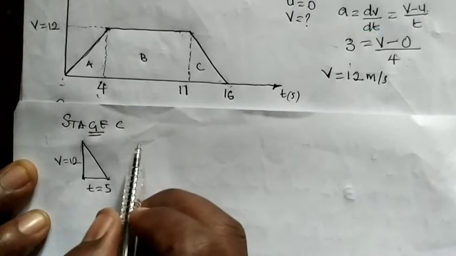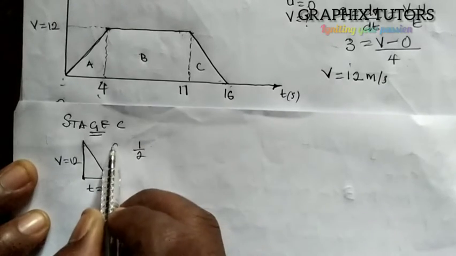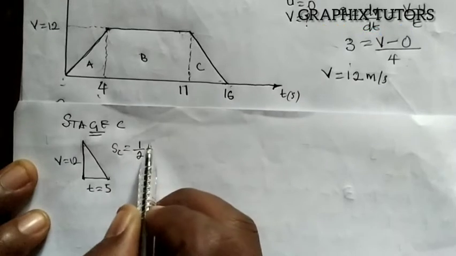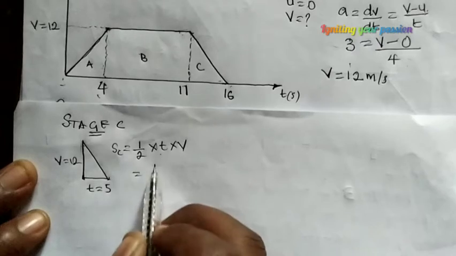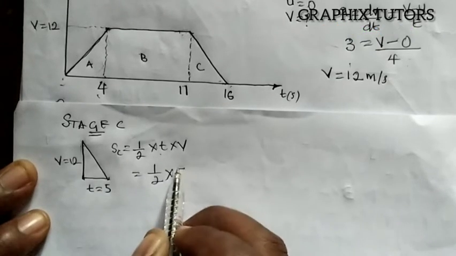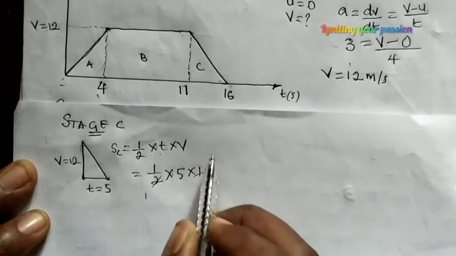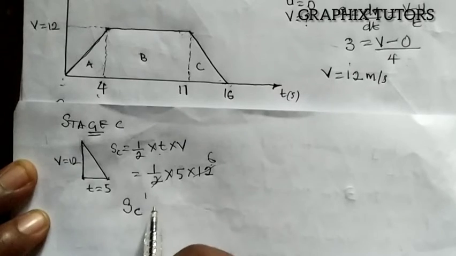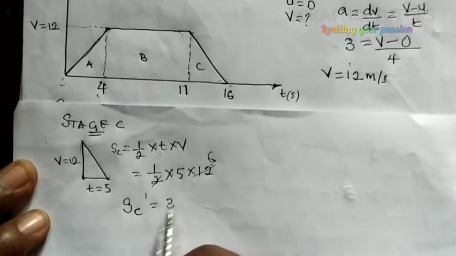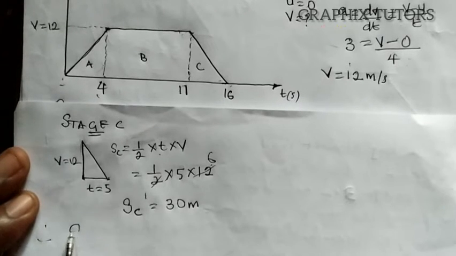So we know the area of a triangle is half base times height. XC is equal to half T times V. So 1 over 2, T is 5, multiplied by V is 12. So 2 here, 1 in 12, 6. 6 times 5 is 30. So the distance traveled during stage C is equal to 30 meters.